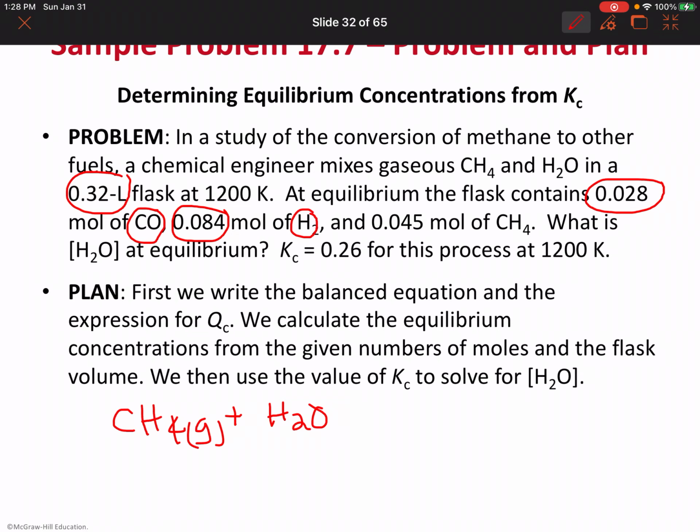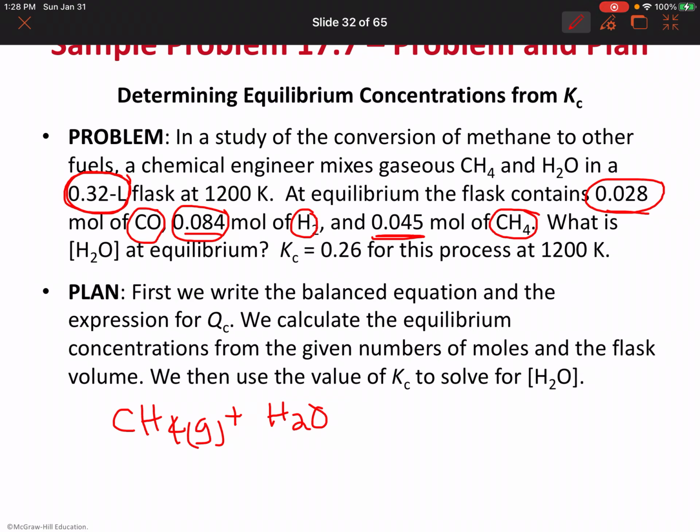Now, we know the size of the flask, 0.32. We were given the number of moles. So, since we know the moles and the volume, from that information we can find out the equilibrium concentration of carbon monoxide and hydrogen, as well as methane, and 0.045 moles of methane. But methane is one of our reactants.